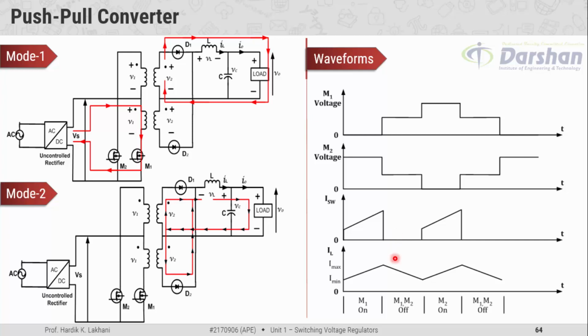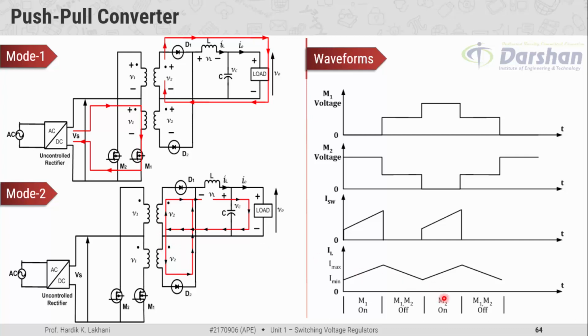And during the second interval, as I explained, the inductor releases its energy into the load with the help of D1 and D2. Current gradually reduces from the maximum value towards the minimum value. So here you can see that during the first interval, the transformer core is magnetized with the positive polarity, and in the second interval, the transformer core is demagnetized from that polarity.